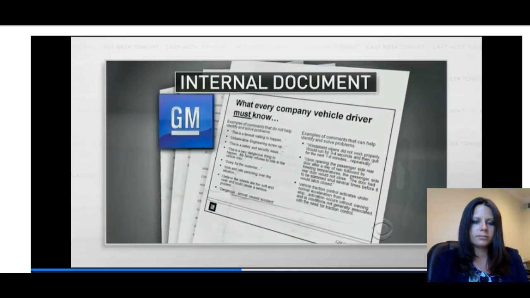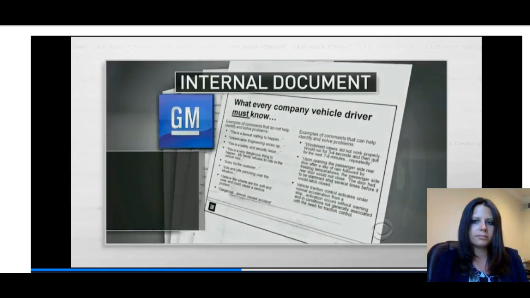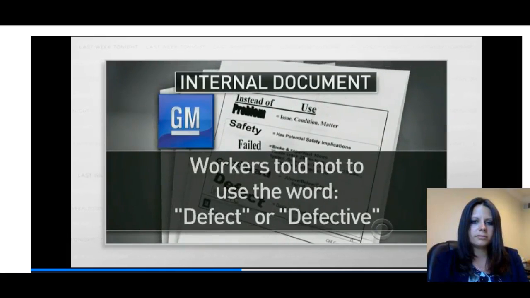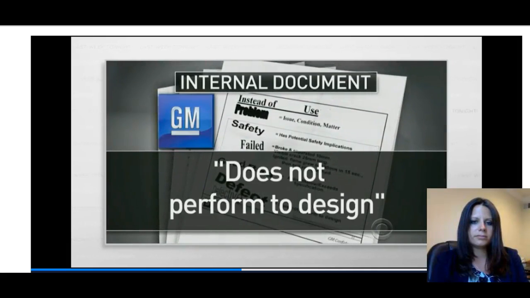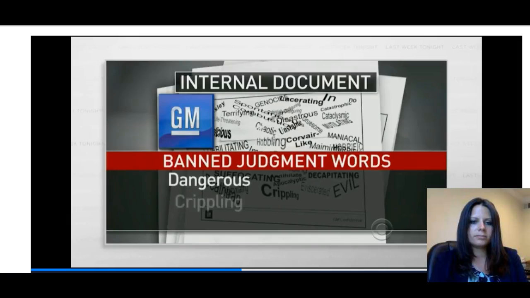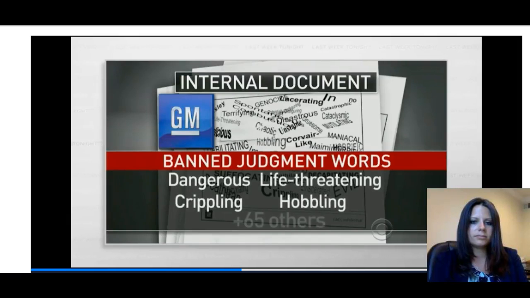Just this Friday, we learned that GM was holding meetings at the time about dealing with their defective cars, but you'll never guess what they were talking about. These are slides from a PowerPoint presentation given in 2008. Workers were told not to use the word defect or defective, but rather "does not perform to design." And GM had judgment words that were banned, including dangerous, crippling, life-threatening, hobbling, and 65 others.